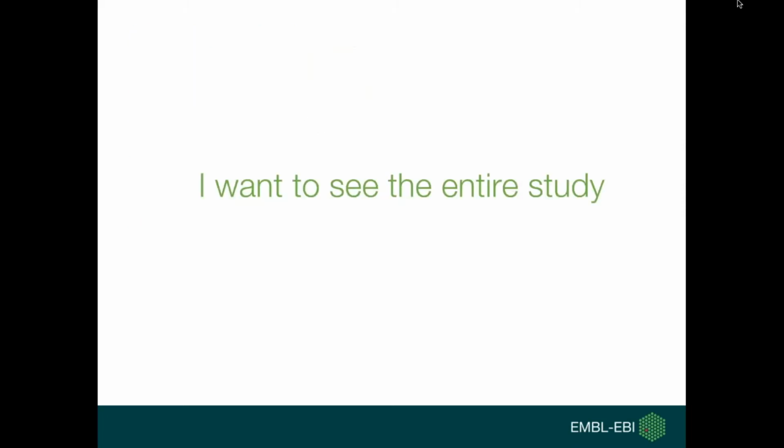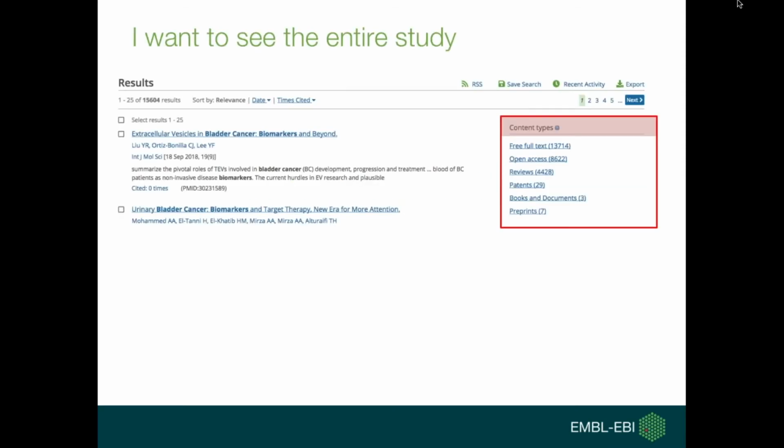Well, if you want to see the entire study, you should remember that all preprints are actually available as open access publications. If you look at Europe PMC, there will be filters for free full text and open access in the content type filter box. However, these only concern peer-reviewed journal articles for which full text is available in Europe PMC.